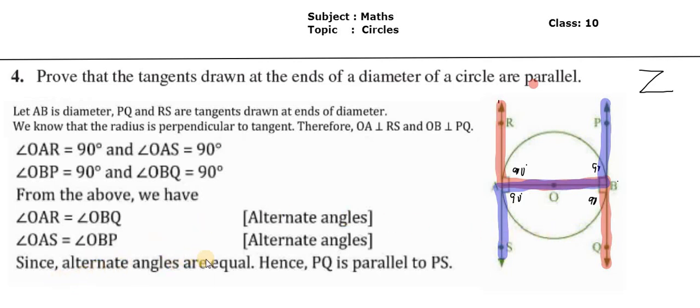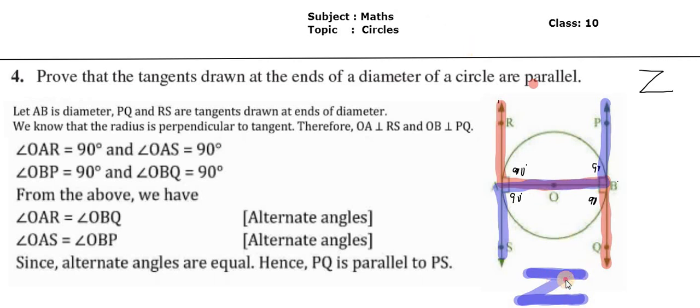Since alternate angles are equal, you may remember this. Suppose we draw a Z shape here, with alternate angles.